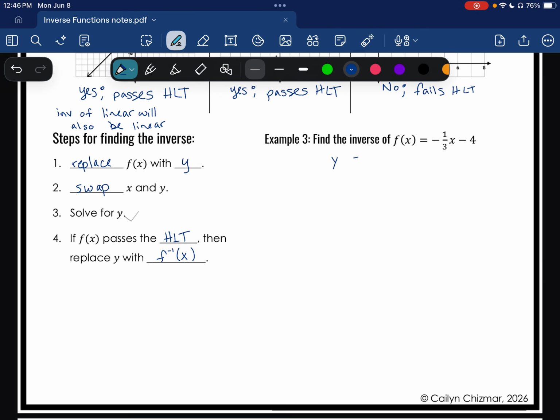Using inverse notation, f inverse of x is equal to negative 3x minus 12. Go ahead and box that up. That looks super nice.